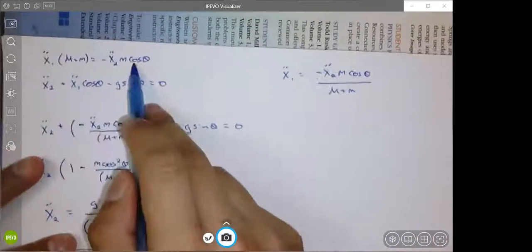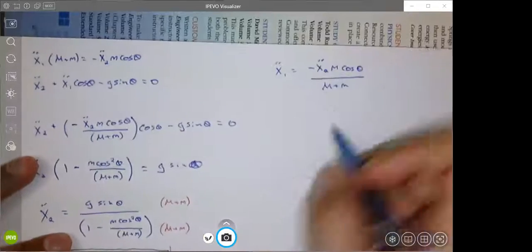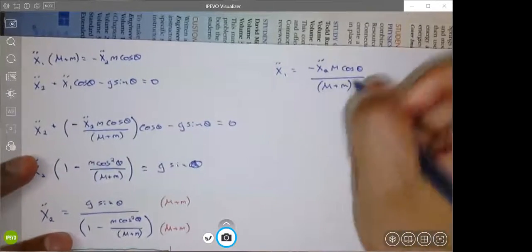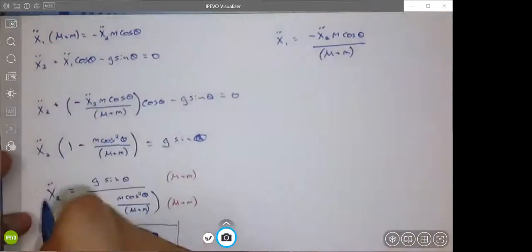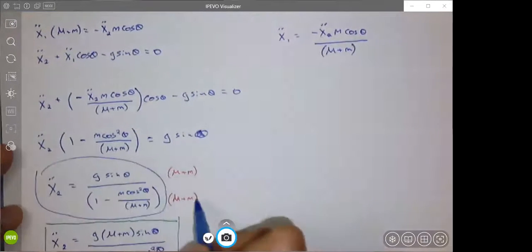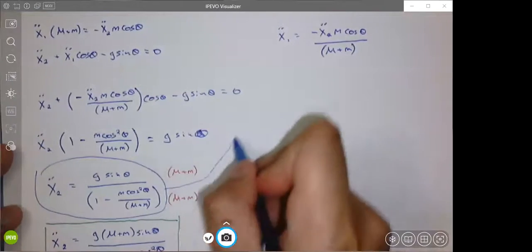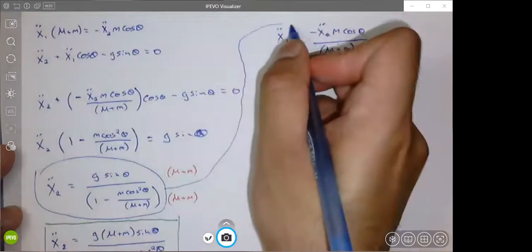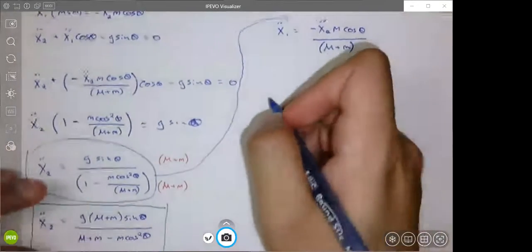We solve for x1, and it's going to equal that term, and all this is in parentheses. And now I'm going to take this value, without the m1s, and substitute it in for x2, and let's see what happens.